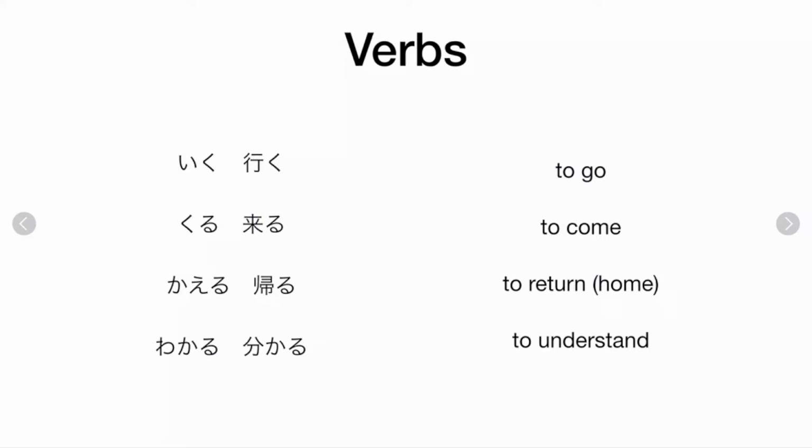If you were to stand where I'm standing, I like myself. So again, it gets a little more complicated when you're trying to express that kind of concept, but it's a good question, right? So in that case, ore wa ore ga suki desu would be a way to say it. Yeah, not too far. You can say ore wa, speaking about me, ore ga suki desu. I like myself. Okay.